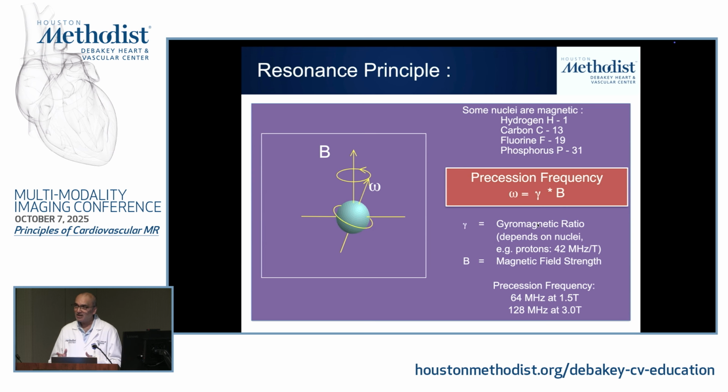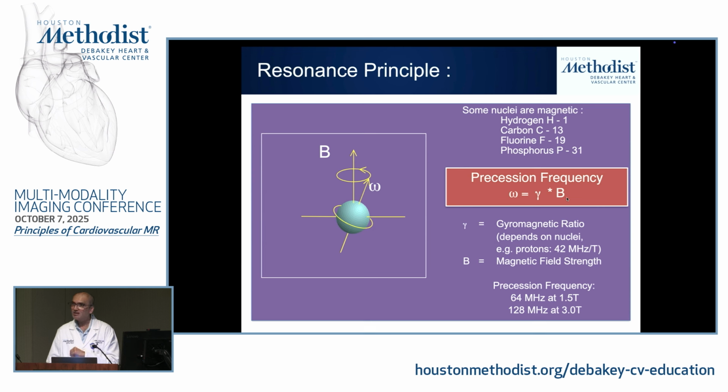For hydrogen, that ratio is 42 megahertz per Tesla. If we put it into a 1.5 Tesla scanner, somebody do the math. Multiply 42 megahertz per Tesla by the magnetic field strength, and that gives you the precession frequency.